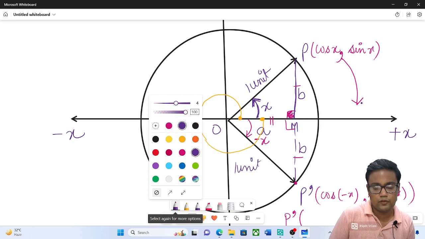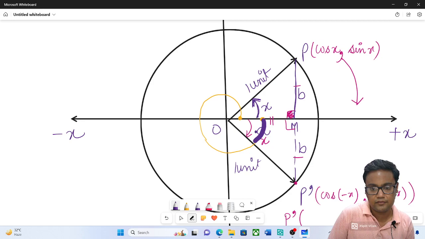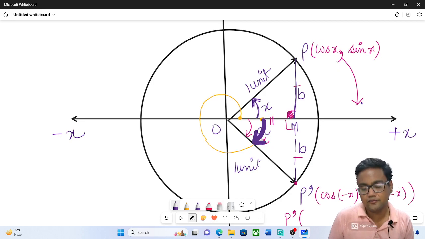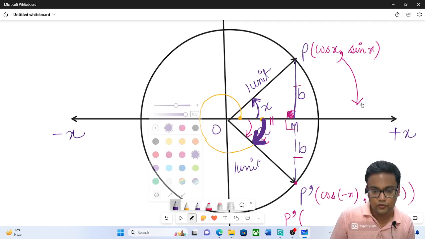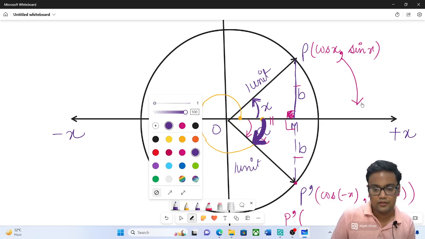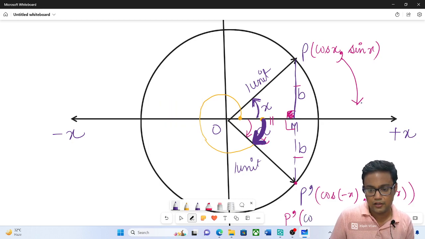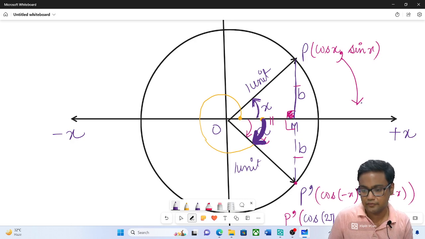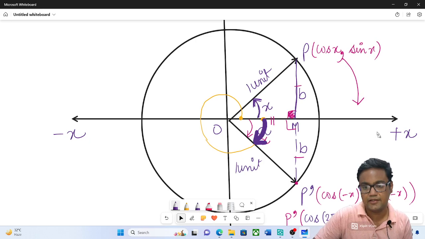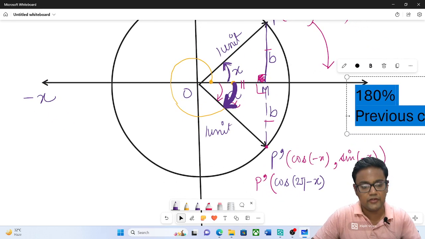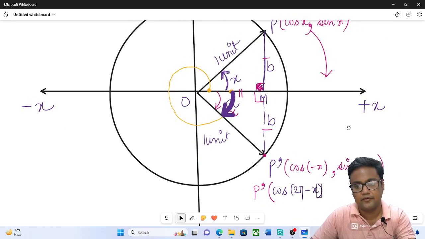I would be returning, and that return would be equal to a measure of minus x degrees or minus x radians. So what did I do, children? I took a turn of 2 pi and then returned by x radians. That is why there is a negative sign, because that rotation is negative.